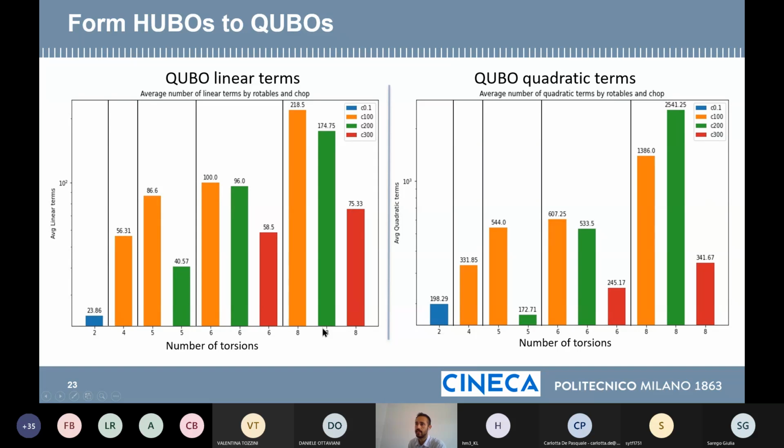And of course, fixing the number of torsions, usually it decreases. You see that here we have up to 200 logical variables in the QUBO and up to more than 2000 quadratic terms.